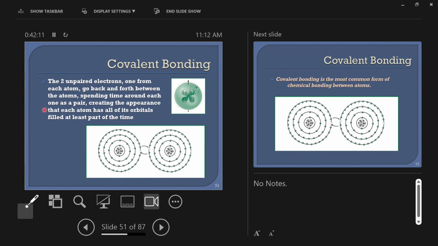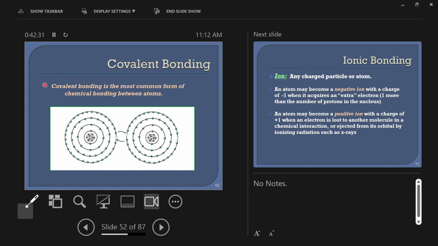To fill that tiny amount of charge difference, it's going to have to grab onto a nearby atom. This is a bond between two atoms sharing valence electrons. Covalent bond. Covalent bonding is the most common form of chemical bonding between atoms. Now it makes sense why covalent bonds happen, because the octet rule says we need to fill our outer shell with 8.